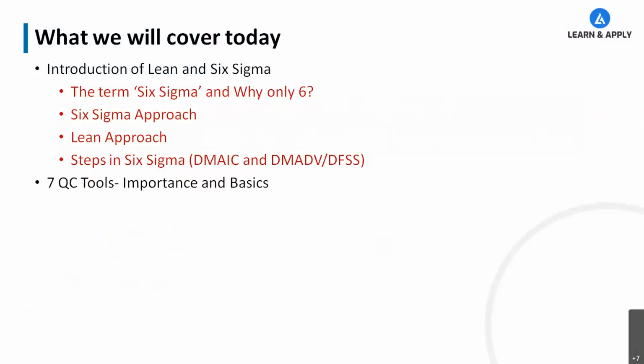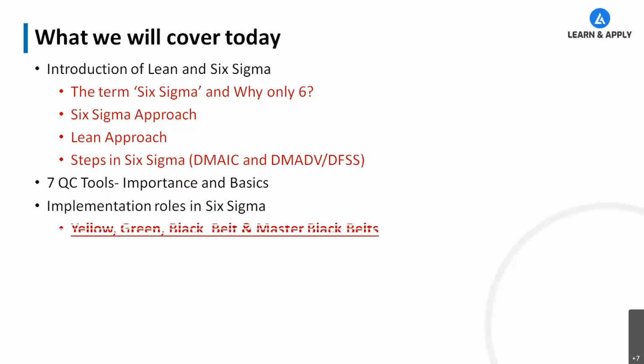Then one very important thing that we will cover today is the 7 quality tools, the importance and basics of it. This is very essential to solve many practical problems. Then we will go to the implementation roles in Six Sigma. There are multiple belts, as you can see, from yellow to black belts.